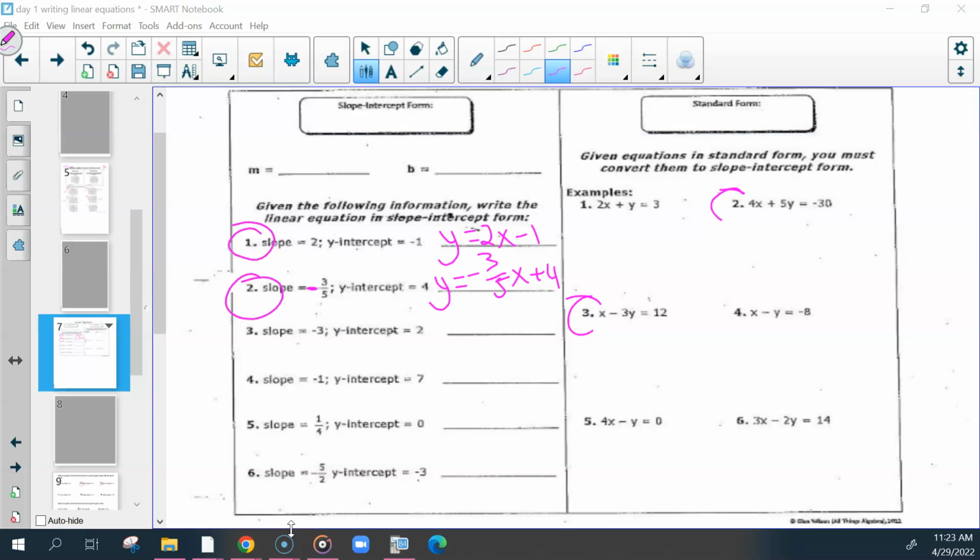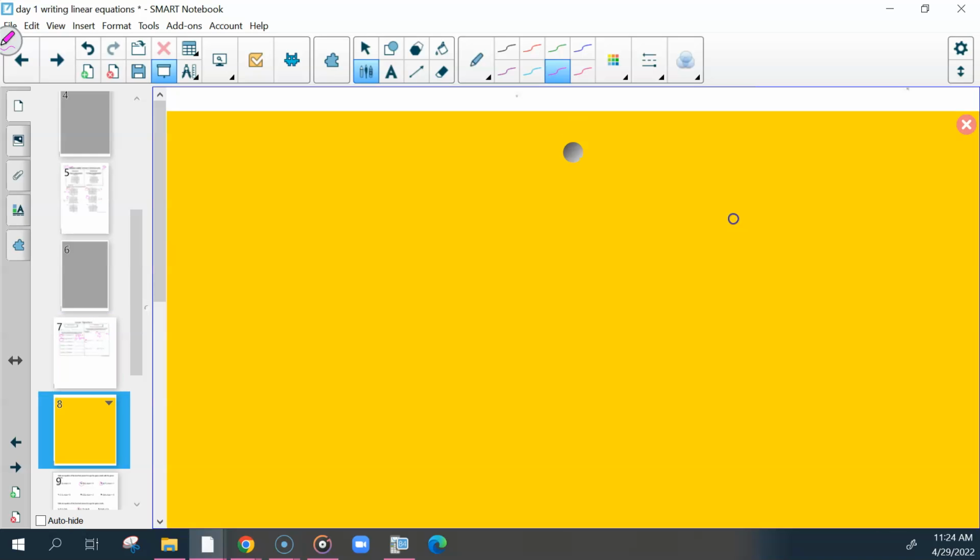You're taking the 4x and you're going to move it to the other side. So whatever it is, do the opposite. It's positive, so we're going to subtract it over to the other side. So we have 5y equals, then I'm going to switch the order of these two so that it's -4.